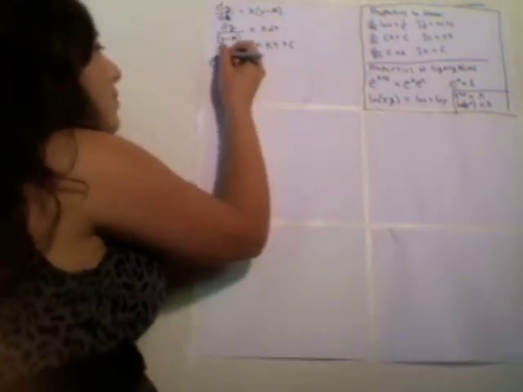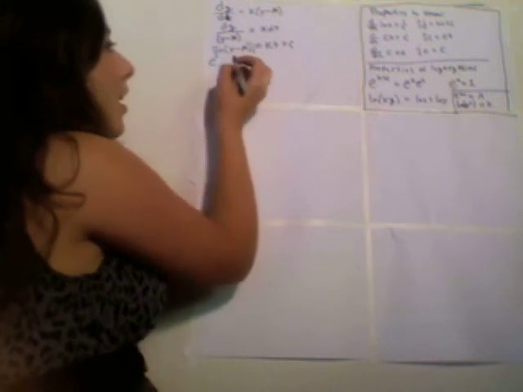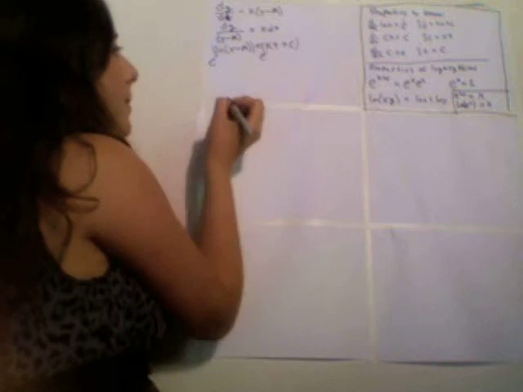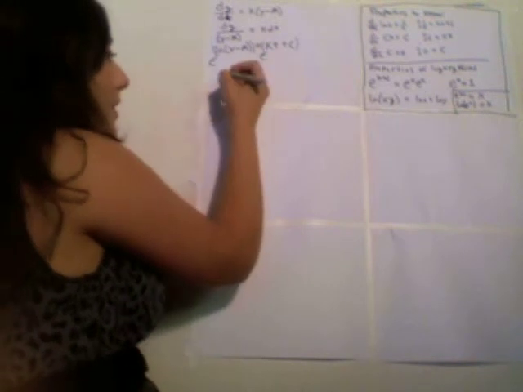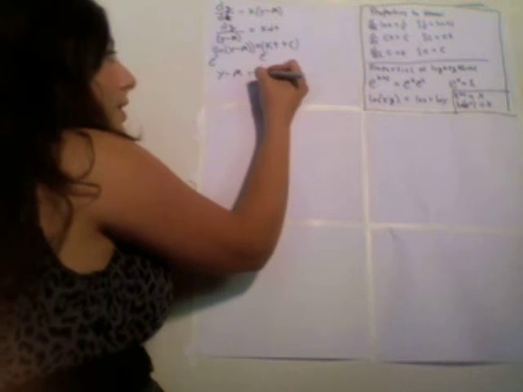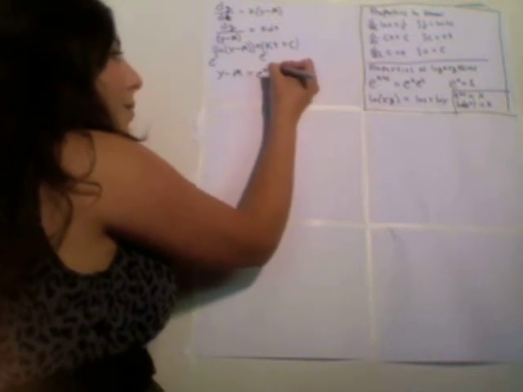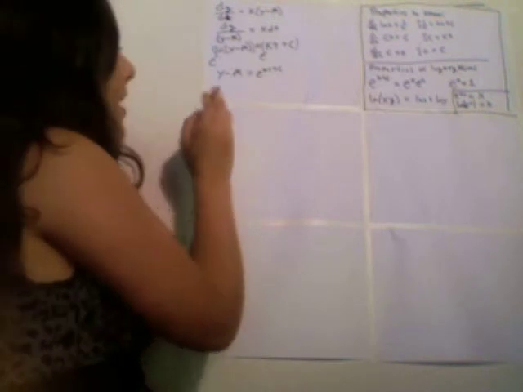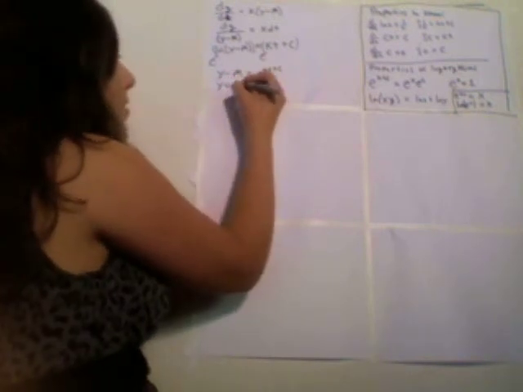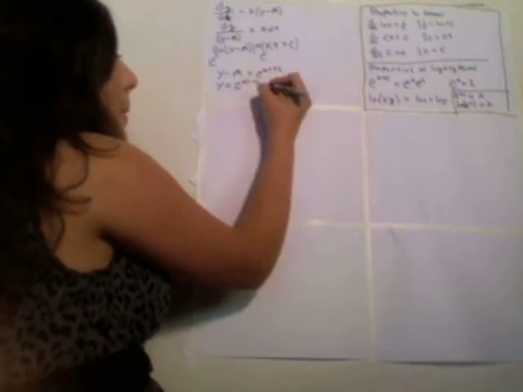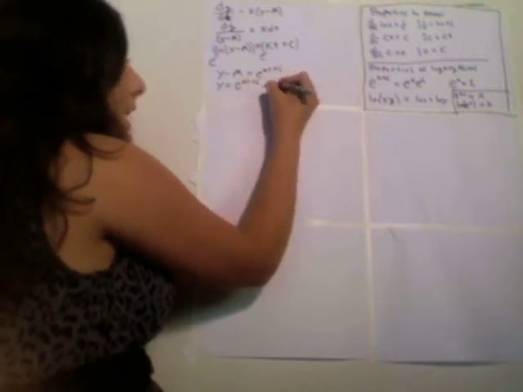So we take e to this natural log of (y minus m), and also e to the (kt plus c), and we get y minus m equals e to the (kt plus c). Now we just want to get y by itself, so we add m to both sides. y equals e to the (kt plus c) plus m.